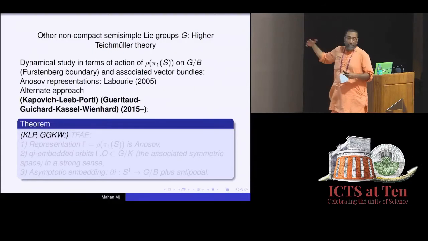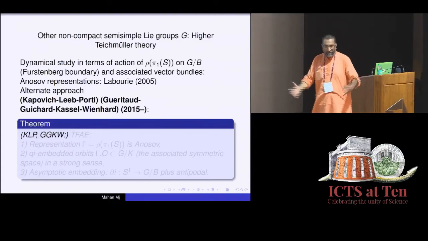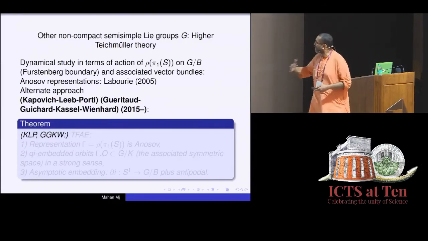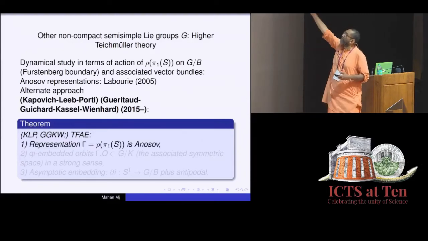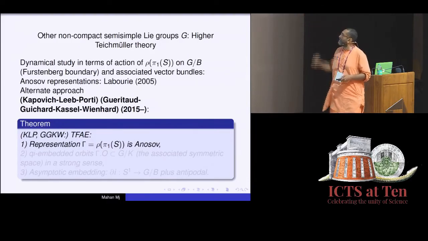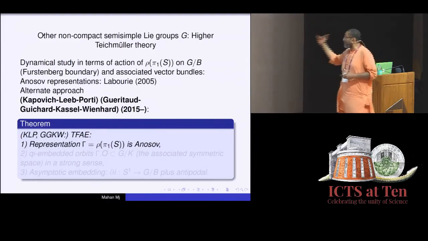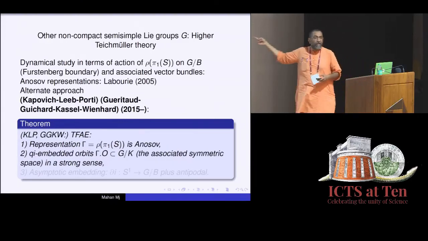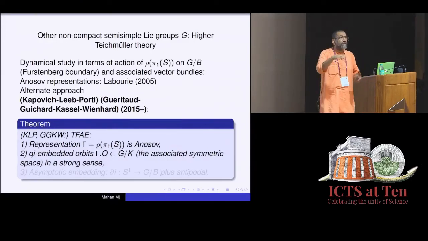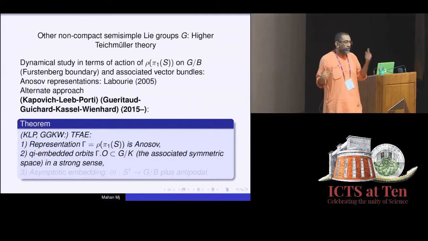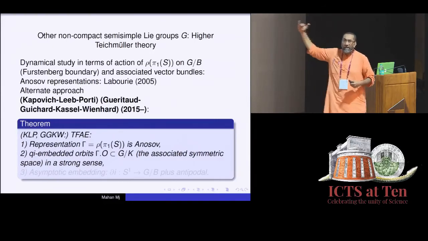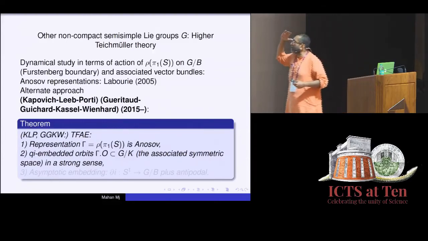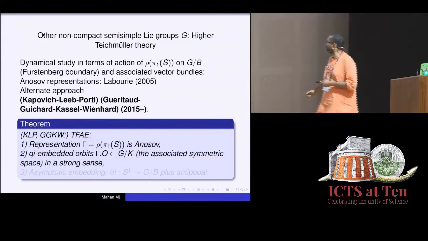And what they say is really setting the whole groundwork. You can think of a representation as Anosov, which is this modification of the interpretation of representations in terms of geodesic flows, as quasi-isometric embeddings, which means that the distances are not distorted too much, with a certain rider. These are quasi-isometrically embedded in a very strong sense.